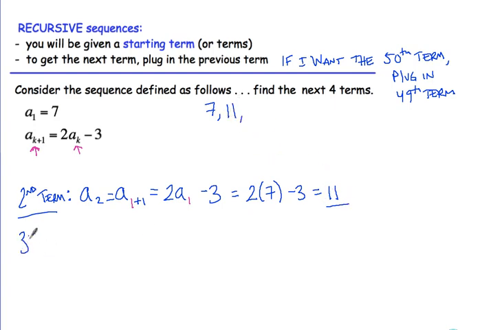Okay, let's say I want to find my third term. The third term would be a sub 3. What do I need to plug in for k to make this subscript a 3? So I would have to plug in a 2 for k, and I'm going to plug a 2 in for k right here as well.